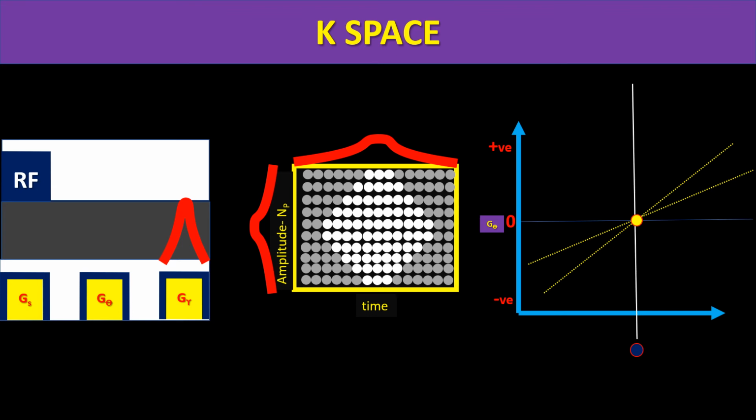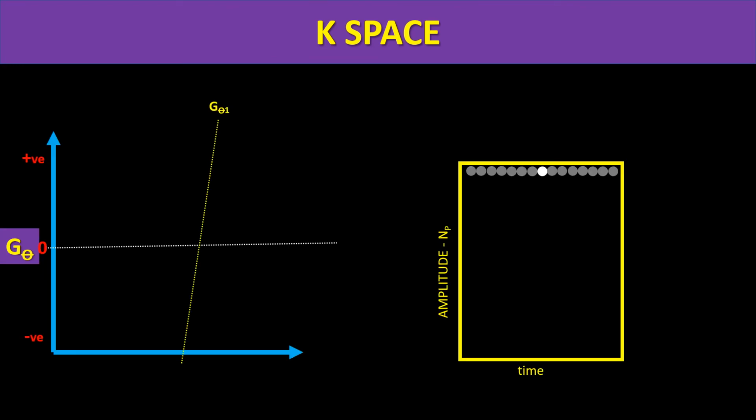This is the first phase gradient, this is the second, third, fourth, fifth, sixth. As I come to the middle of the K space, the phase encoding gradient is least. Whenever we give any phase gradient, there is loss of sync, and whenever there is loss of sync, there is loss of energy, so a lot of loss of amplitude.